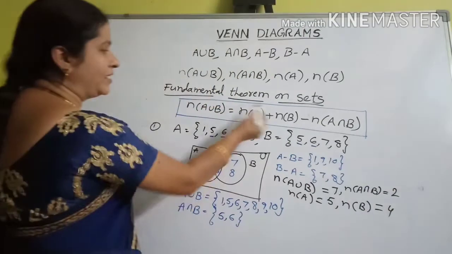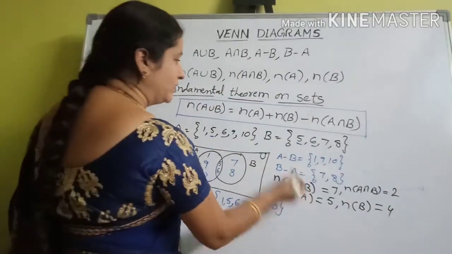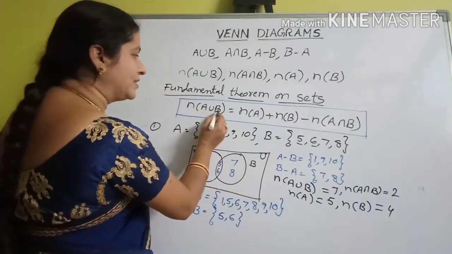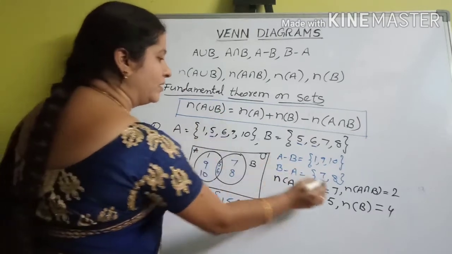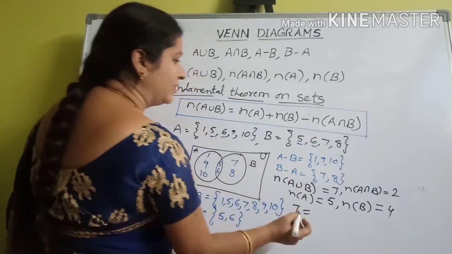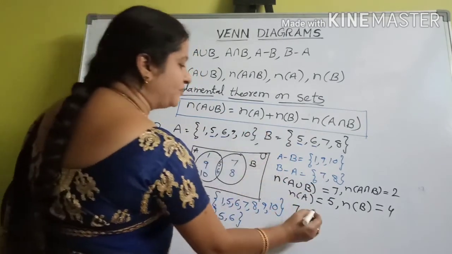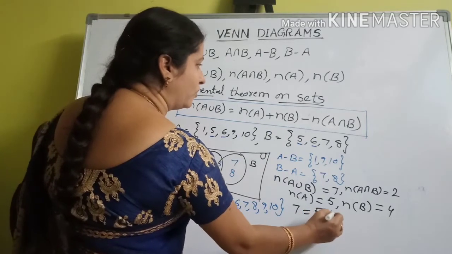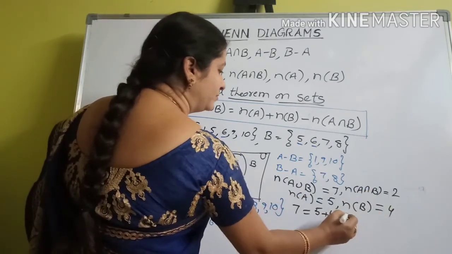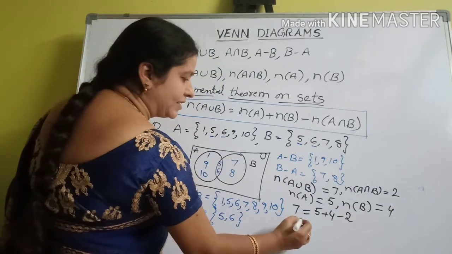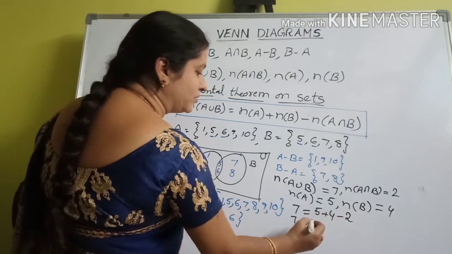So check the relation between these four. On the LHS side, N of A union B is 7. On the RHS, N of A plus N of B minus N of A intersection B is 5 plus 4 minus 2, which is 9 minus 2, 7.